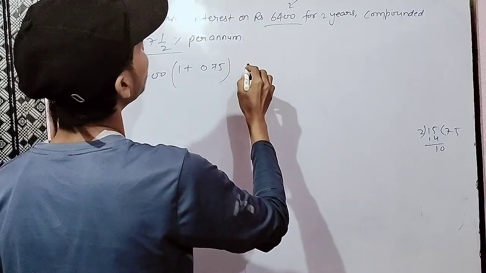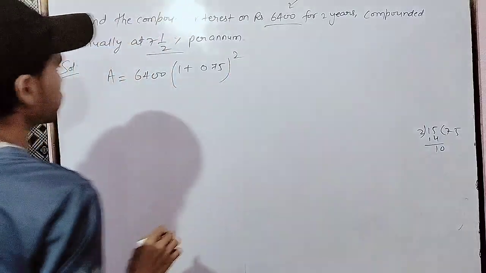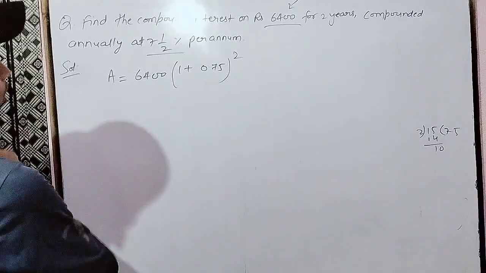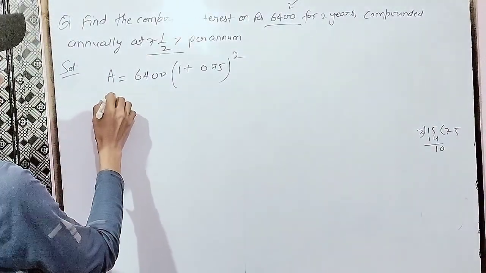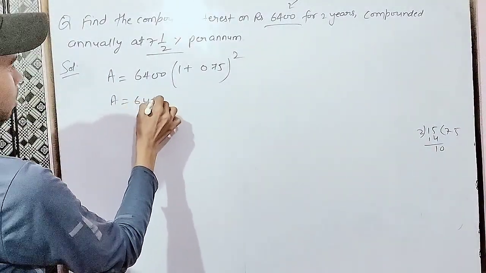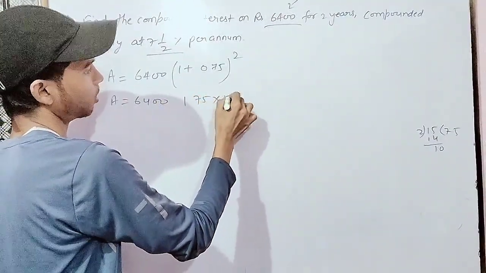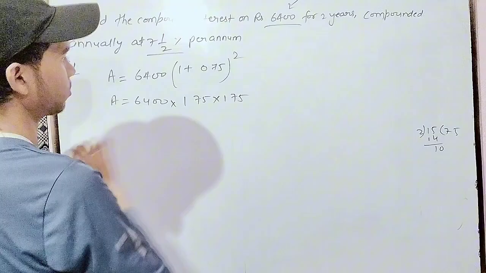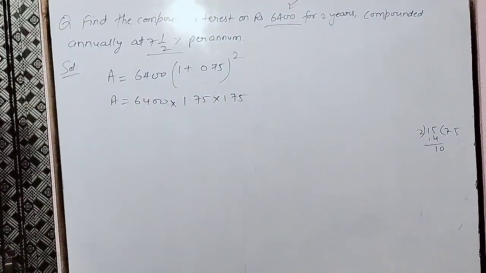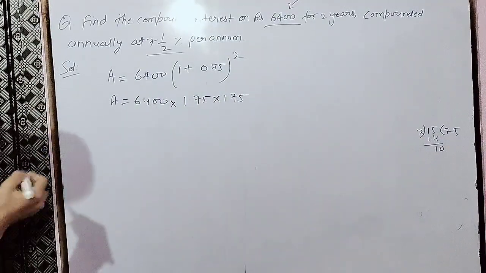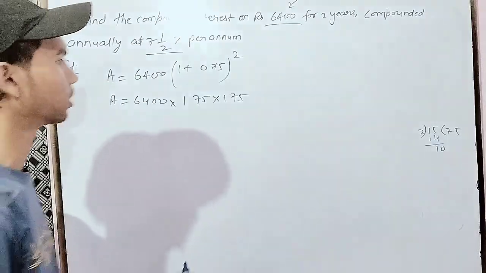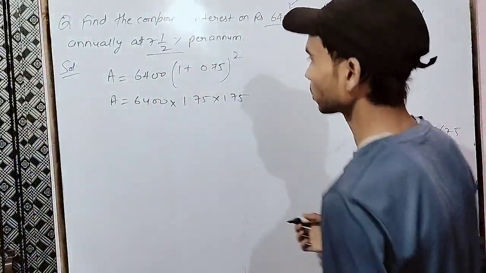This is 2. The amount will be 1.075 multiplied by 1.075. Till here, I hope you are clear. You will have it crystal clear till here.